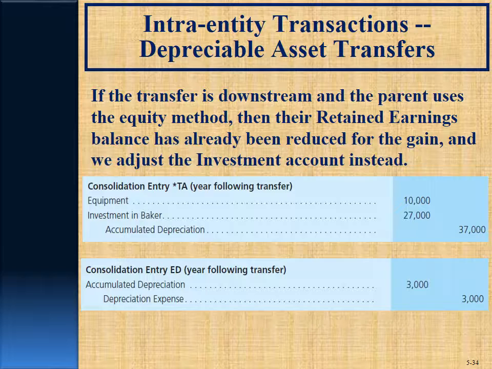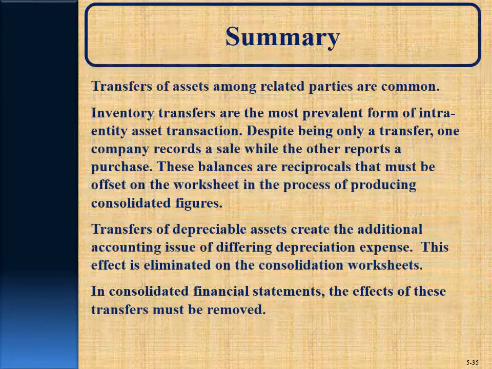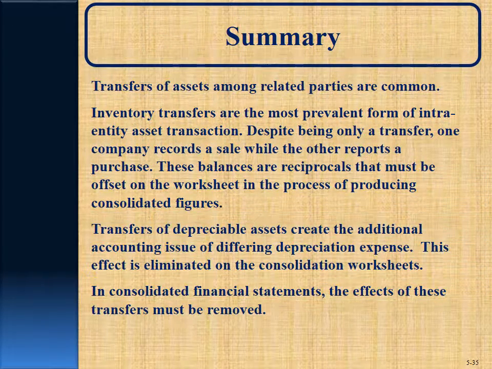And that's the key here. Or if the parent chooses not to use the equity method, or it's an upstream transaction, we would use retained earnings in this future year after transfer. So it gets crazy, doesn't it?